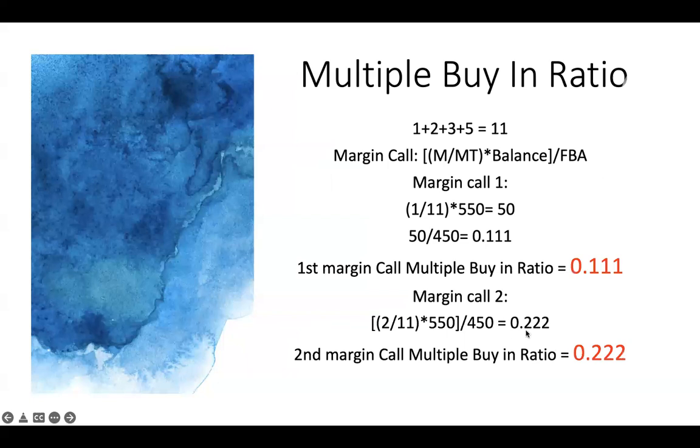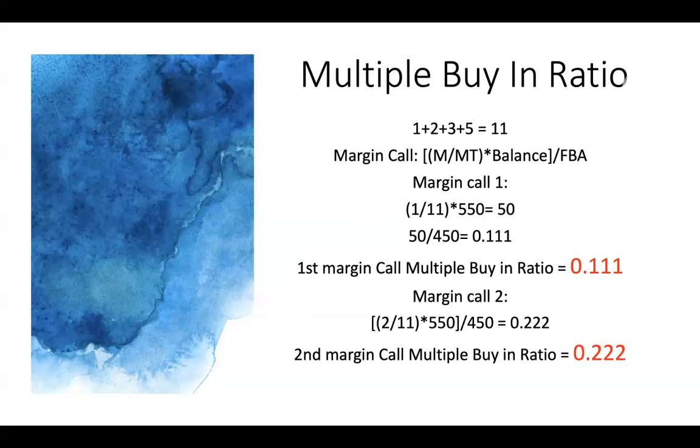So what you're getting is 0.222. Second margin call multiple buying ratio will be 0.222. Very important. You're going to get 0.222 multiplied by 450, which is 99.9, as good as 100.